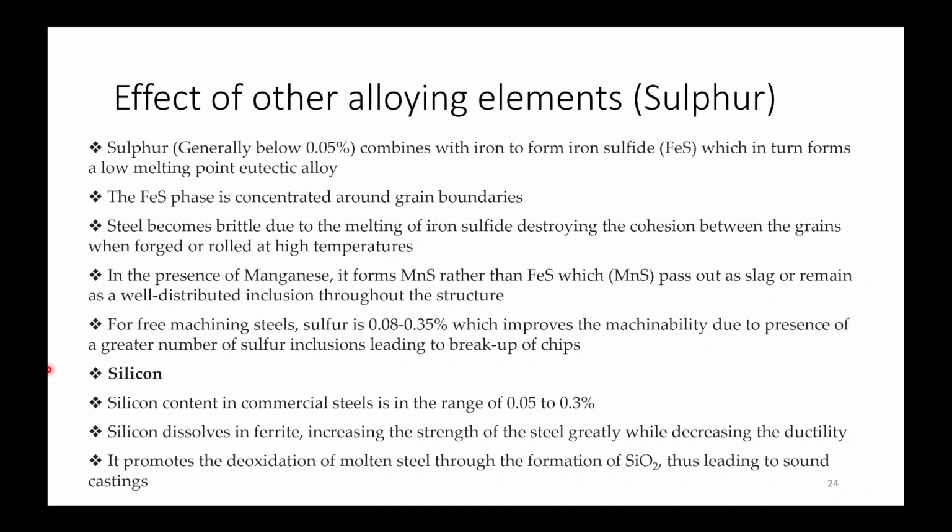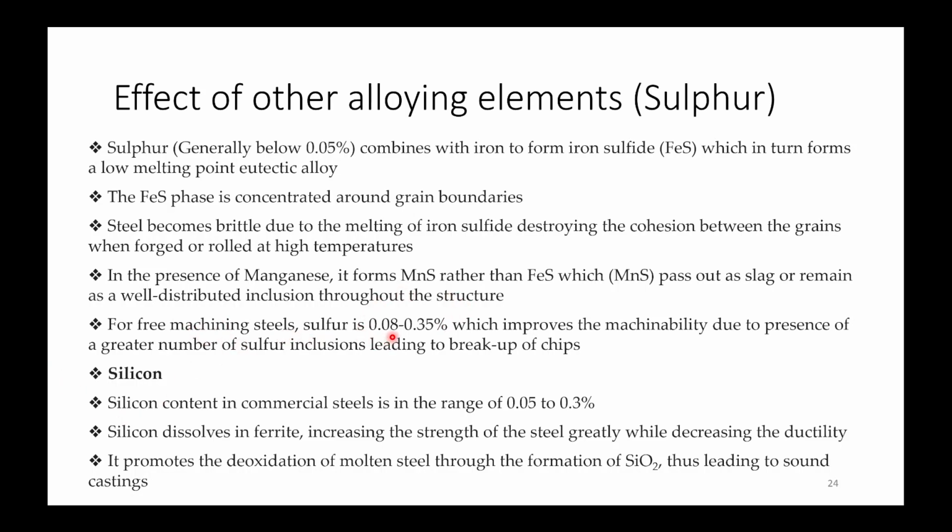Ma'am, by the inclusion, actually during the tensile test, if there is any inclusion in the material, then it will lead to crack formation, isn't it? Yes, so why are we saying that MnS will be good?